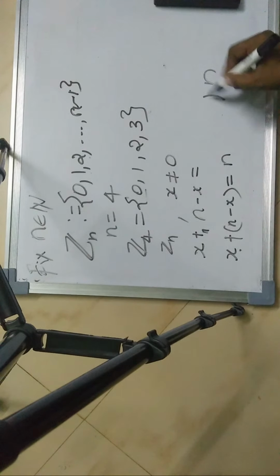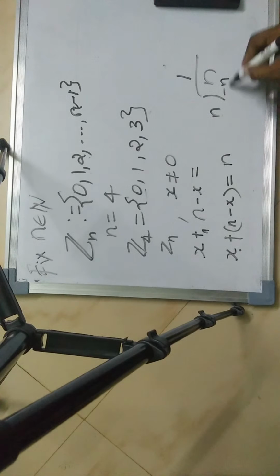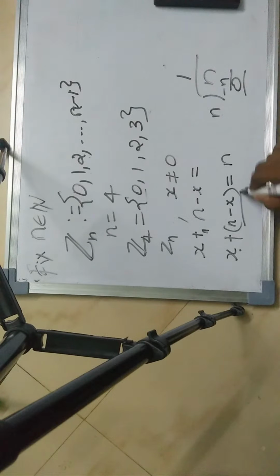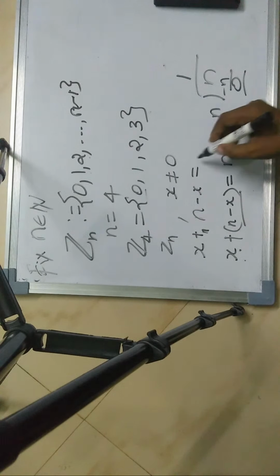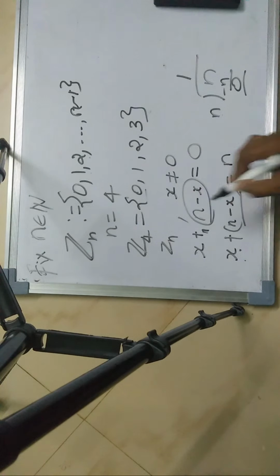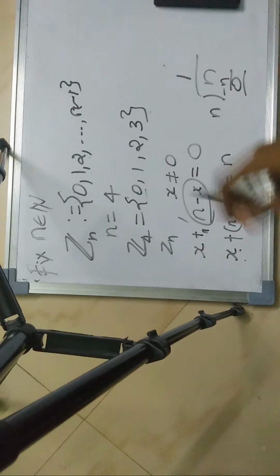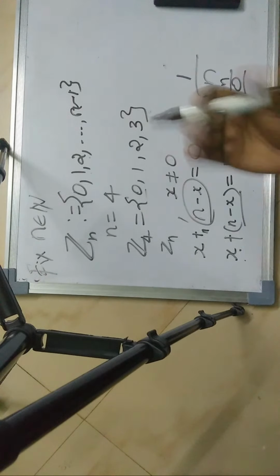When n is divided by n, you get quotient 1 and remainder 0. So n minus x is the inverse of x in Zn. This is true for any given n. Since it is commutative also, any Zn is abelian.